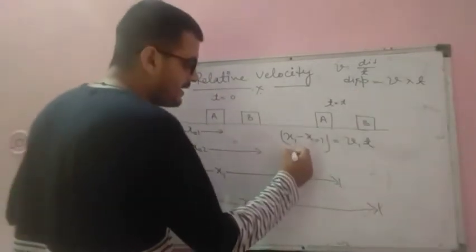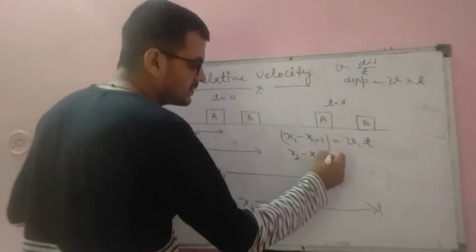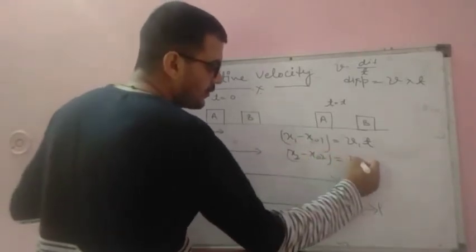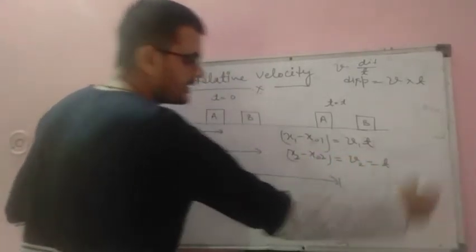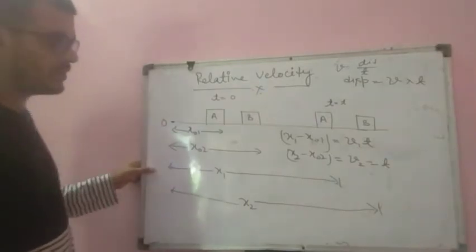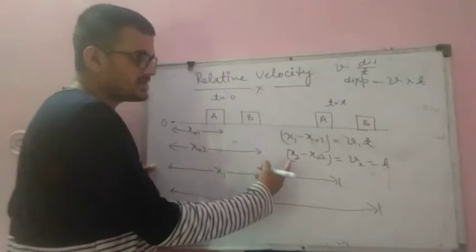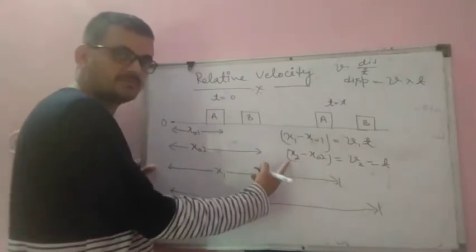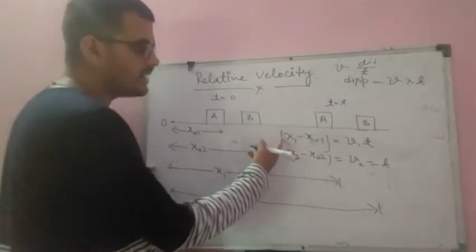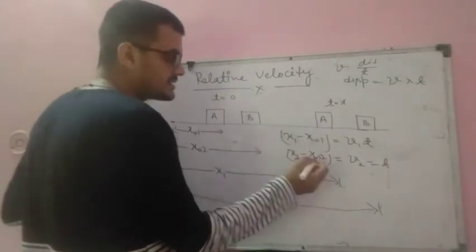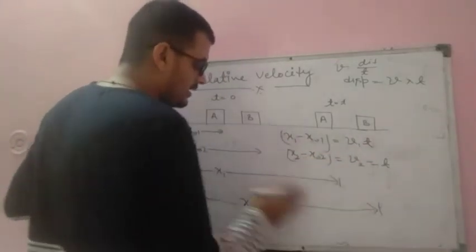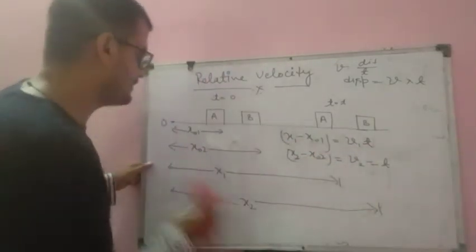Now for the second, x2 minus x02 equal to V2 t. This is the displacement of object A, and this is the displacement of object B. So you can write this equation. Now I am erasing it.